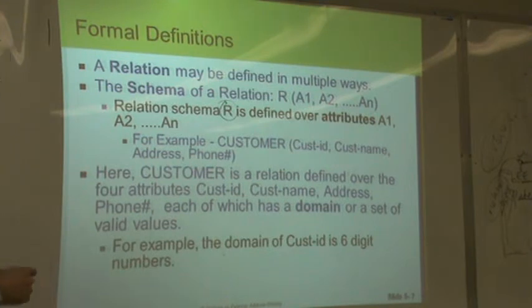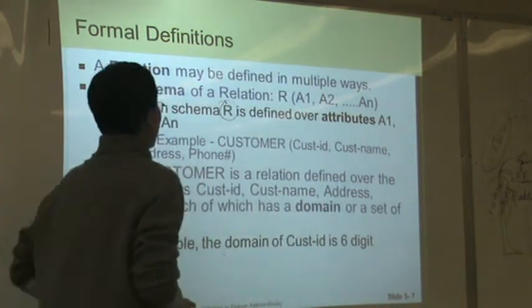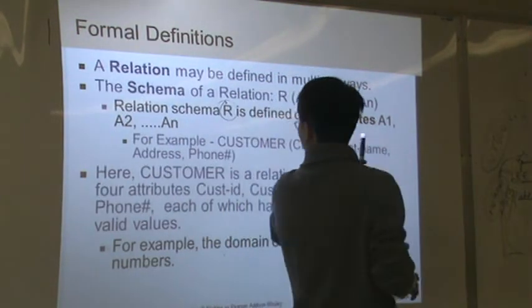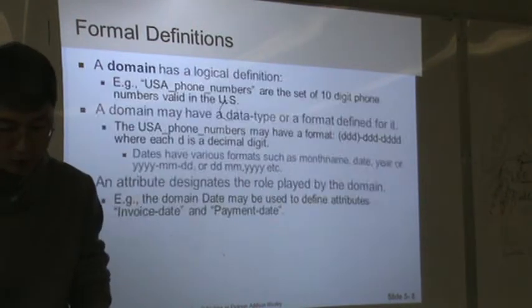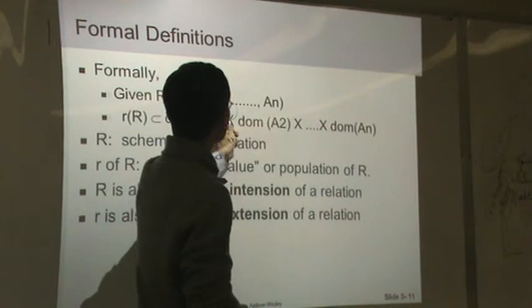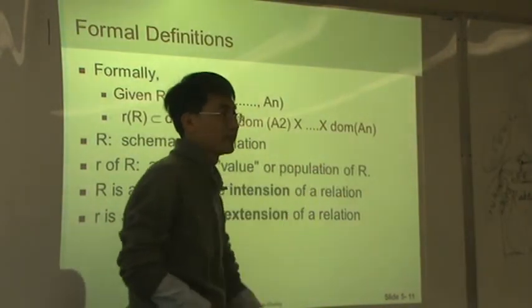If we have a number of attributes, we can define the relation R. For example, customer ID, customer name, address, and phone number. So in general, a relation is a group of attributes A1 through An.